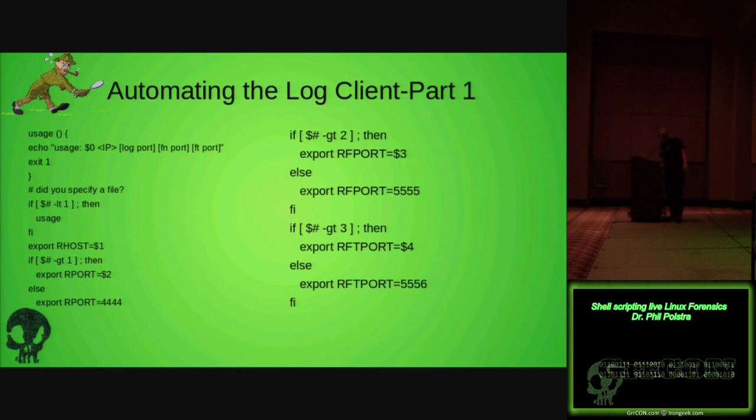That's why I have just a whole bunch of if-then statements, where I say, did you give me an IP address? Because I need at least that. And I set things. If you didn't give me things, I set defaults all throughout this script. And that's it. It's just setting these environment variables.